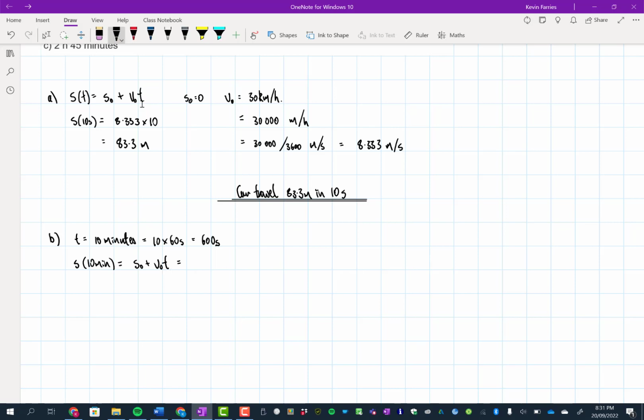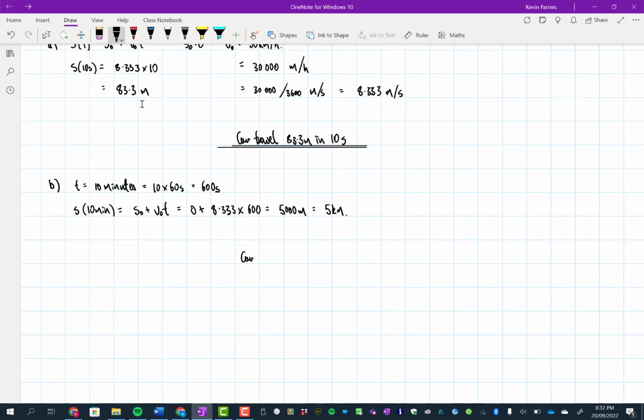And so that is going to be equal to 0 plus the velocity, 8.333 times 600. Yep, 10 minutes is 600 seconds. 8.333 times 600 is equal to 5,000 meters, which is equal to 5 kilometers.